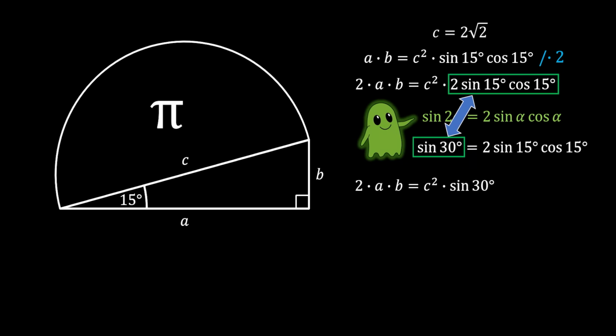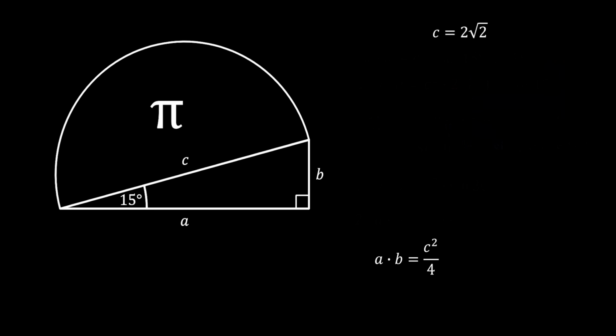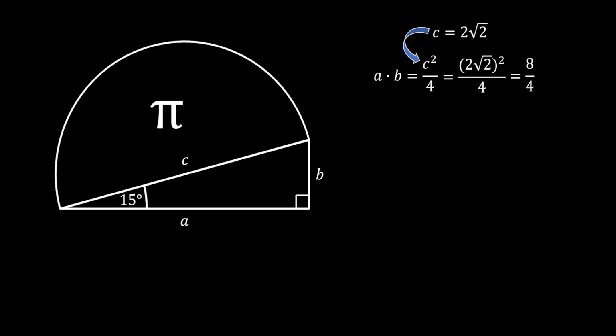Now, again using trigonometry, we know that the sine of 30 degrees is equal to 1/2, and we can multiply both sides with 1/2 to get that A times B is equal to C squared over 4. Now, we're just going to substitute the value of C into our new equation and get that that is 8 over 4, and we will get that the product of A and B must be equal to 2.